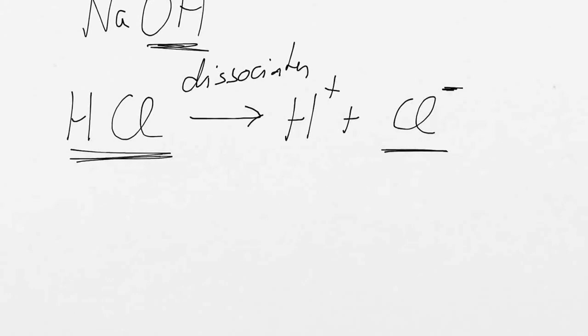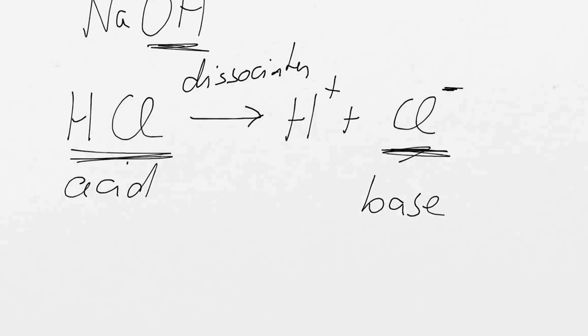So what we have got here, if you like, here we have the acid because it has a proton. Here, what is the chloride? It is a base, exactly. Because it can accept the proton and potentially do it in reverse. Yeah?